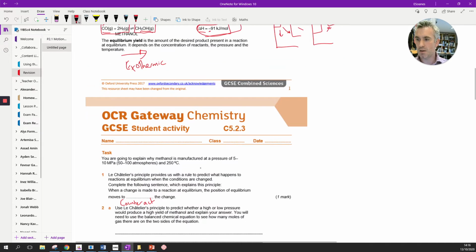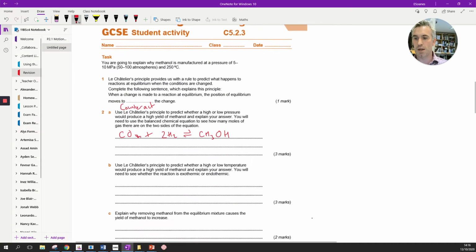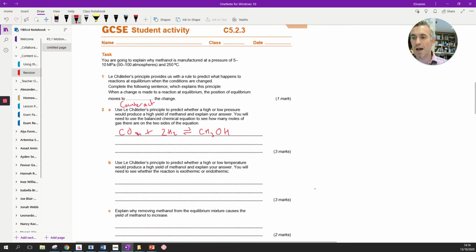See if I can fit it on here. So we've got CO plus 2H2, reversible reaction sign, CH3OH. Okay, so first of all, let's work out how many molecules or moles we have each side.